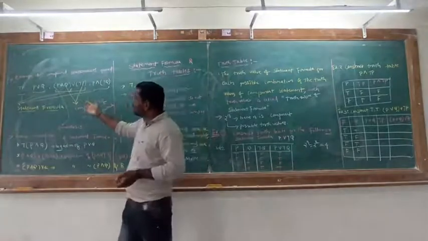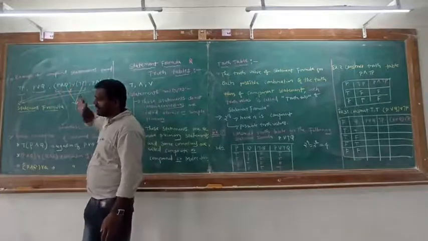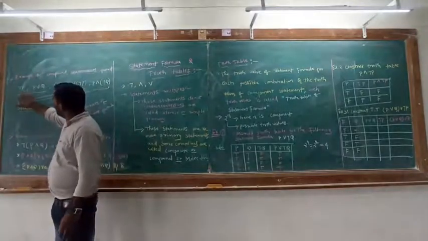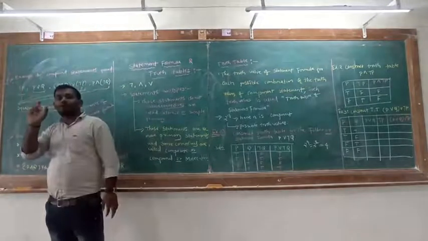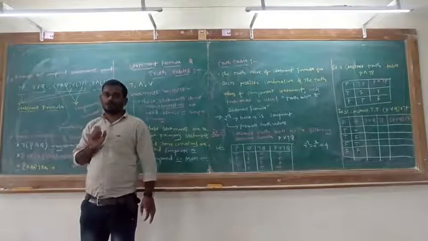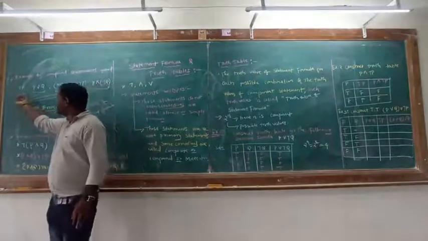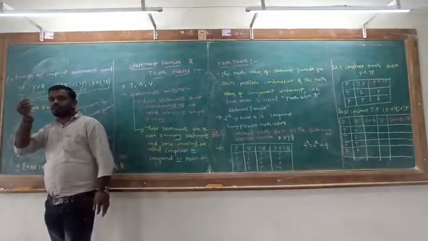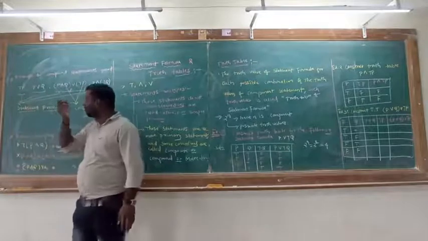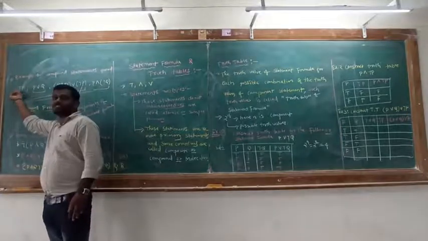See how it is constructed: negation P is one statement formula. Here only one primary statement is there, and one connective symbol, that is negation.